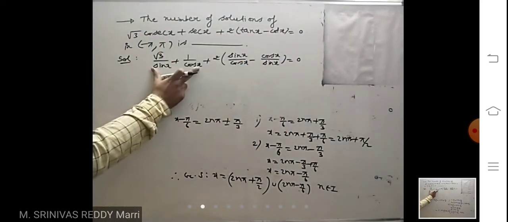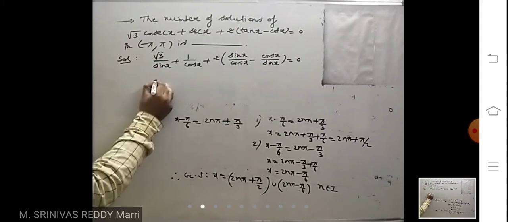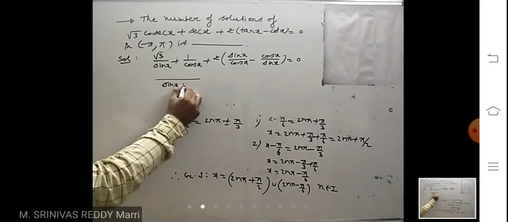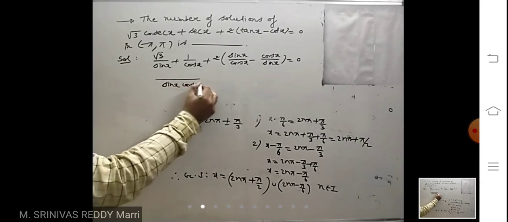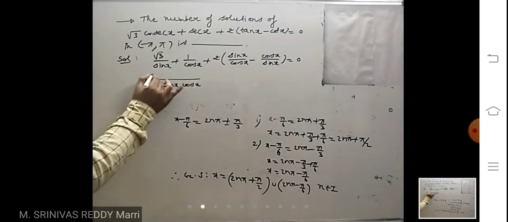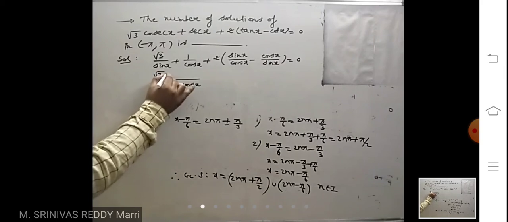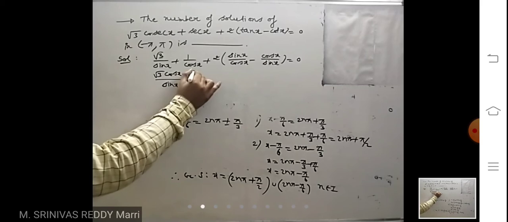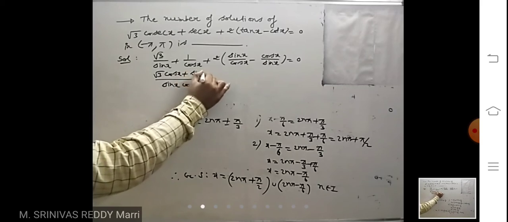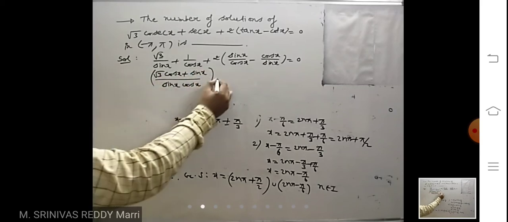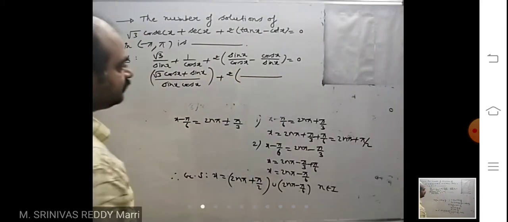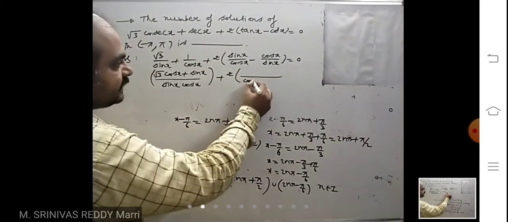Now here you take these two terms LCM. Sin x cos x is the LCM. So numerator you will get root 3 cos x plus sin x plus 2 into, here also cos x sin x is the LCM.